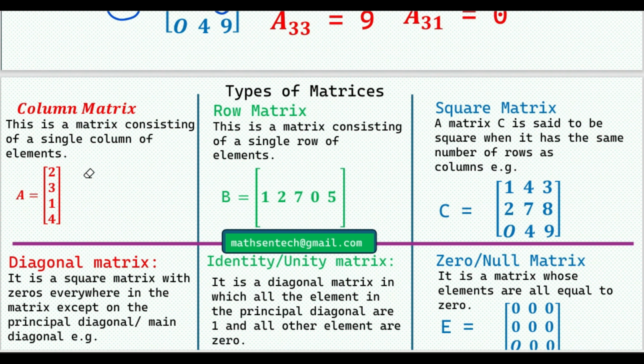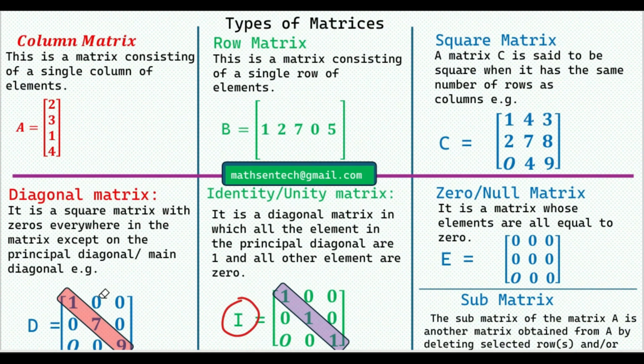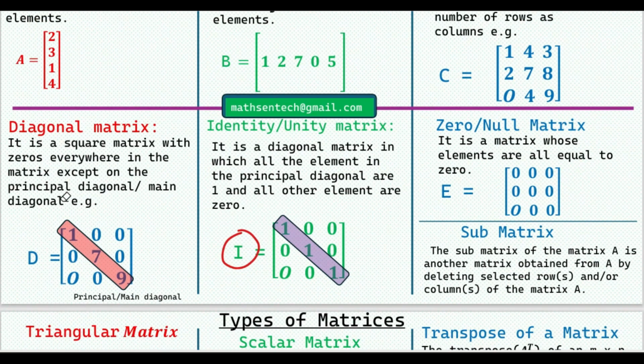Okay, now let's go to the diagonal matrix. This is a square matrix with zeros everywhere except on the main diagonal. So that tells us we have a main diagonal. Which is the main diagonal? Of course, top left to bottom right. That is the principal or main diagonal.